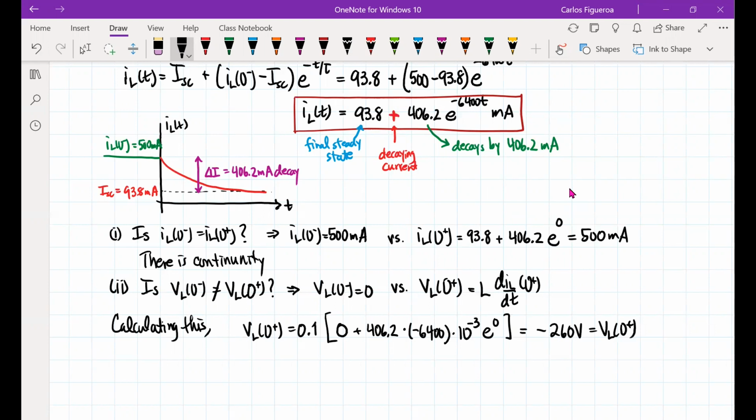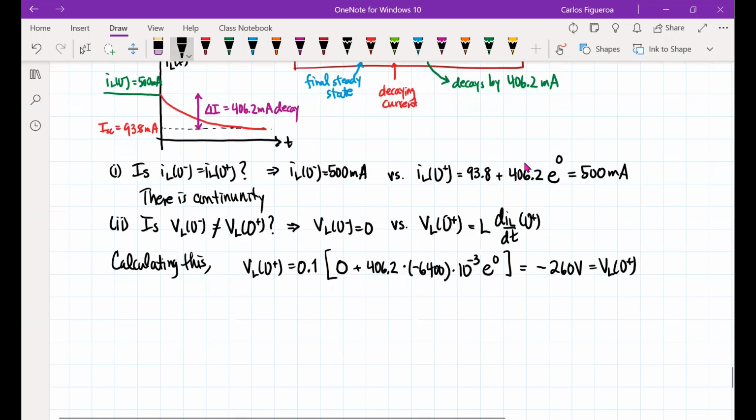of 0 plus. So let's compare them here. I have VL of 0 minus equal to 0 versus VL at 0 plus, and this is equal to minus 260 volts.